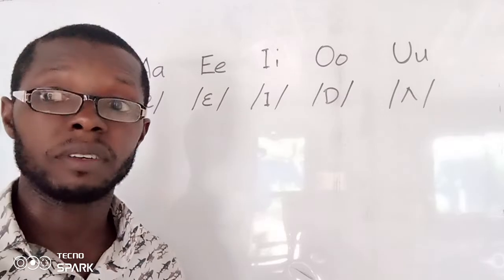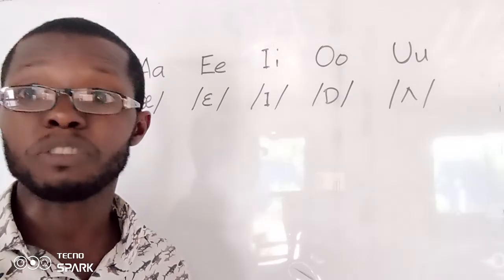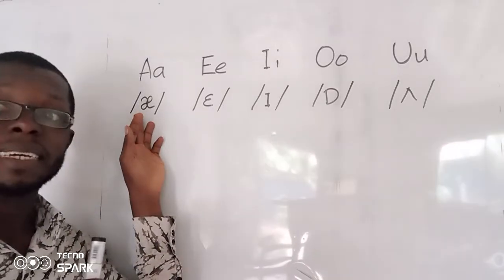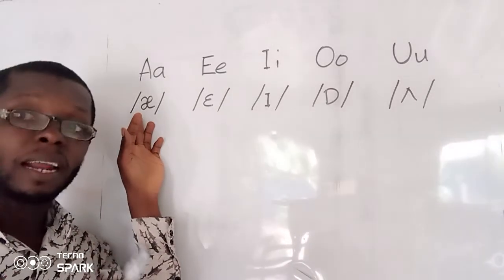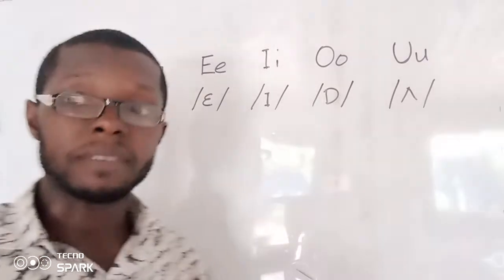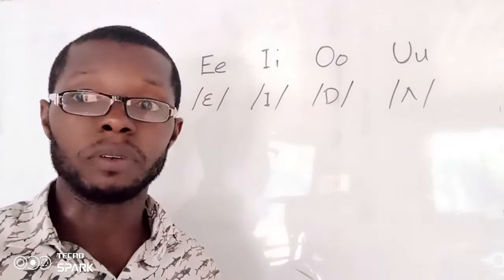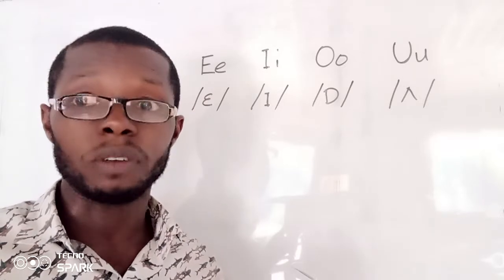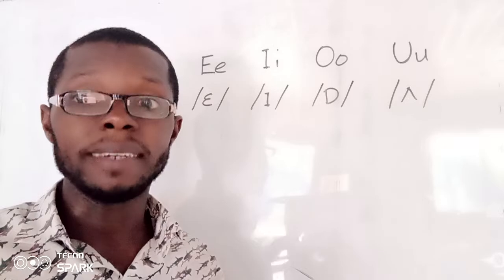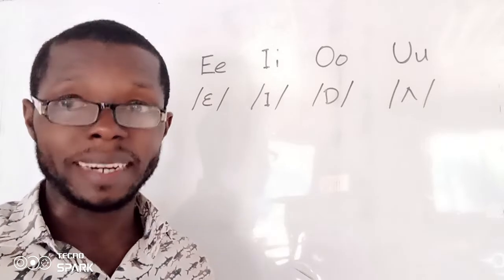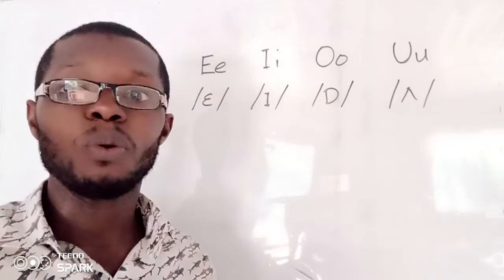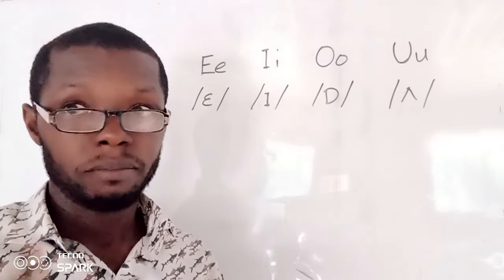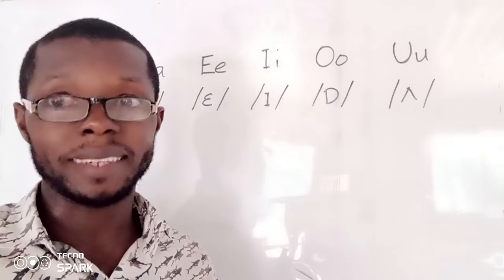Take for example, letter A can produce more than one sound. Letter A can produce O. Example is want, W-A-N-T. What do you want? As well, you can see in what, W-H-A-T. Remember, I'm using British English. What do you want? I understand American English will say what, but this is British English.